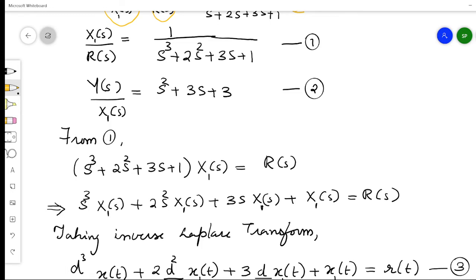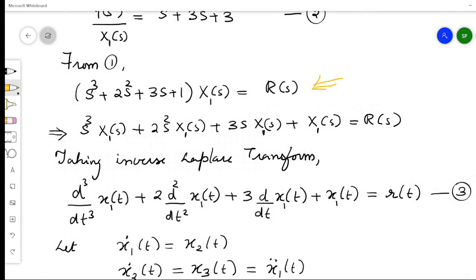When you cross multiply, you get (s^3 + 2s^2 + 3s + 1) X1(s) = R(s). Now just expand this equation. We get s^3 X1(s) + 2s^2 X1(s) + 3s X1(s) + X1(s) = R(s). We just expanded this equation.